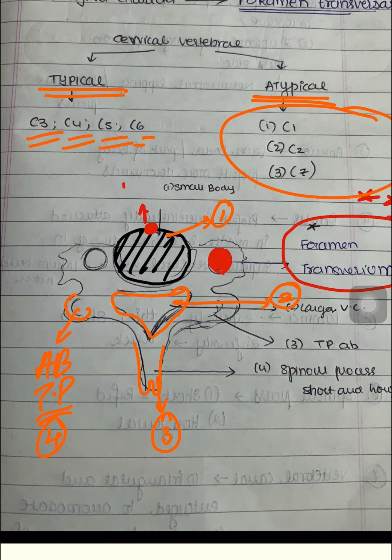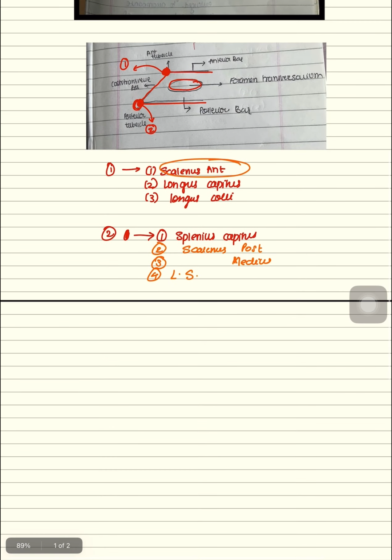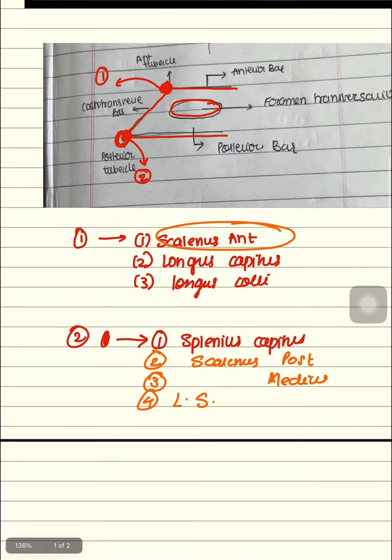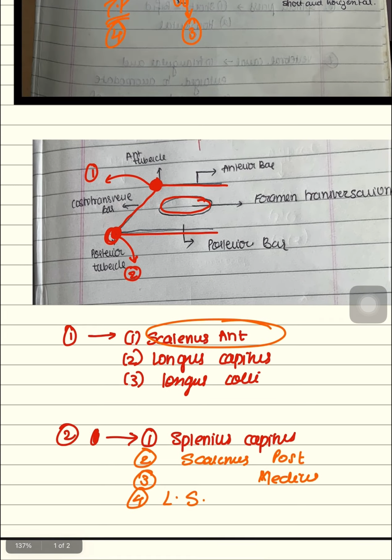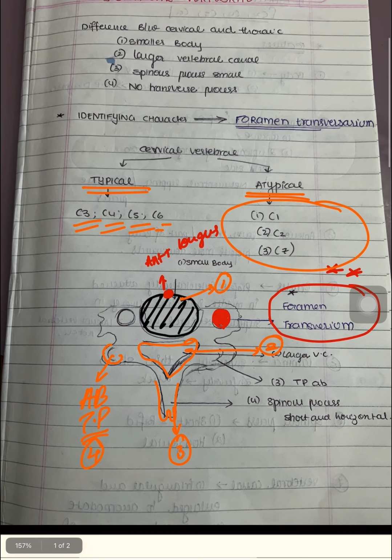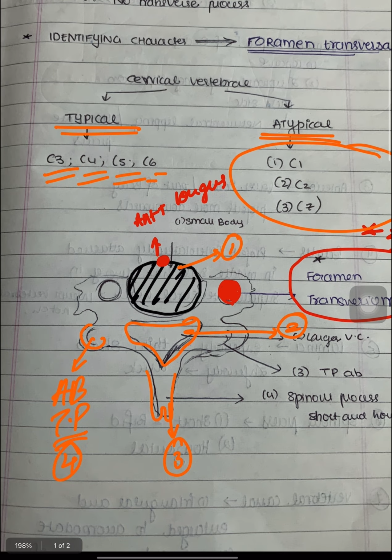One is to the anterior longitudinal ligament and the second is longus colli. The attachment of longus colli was seen over here also, on the anterior tubercle. And on the posterior part of the body we have the attachment to the posterior longitudinal ligament.